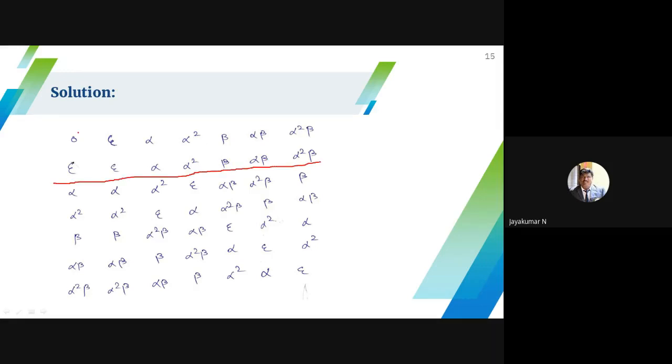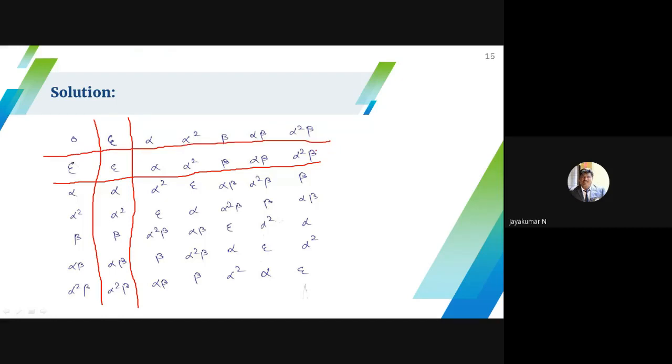Identity into any composition is nothing but that element. Similarly, this column also: identity into alpha gives that element. A star E is equal to E star A is equal to A. So identity into some element becomes that element, and some element into identity again gives that element. Okay, these two rows are over.